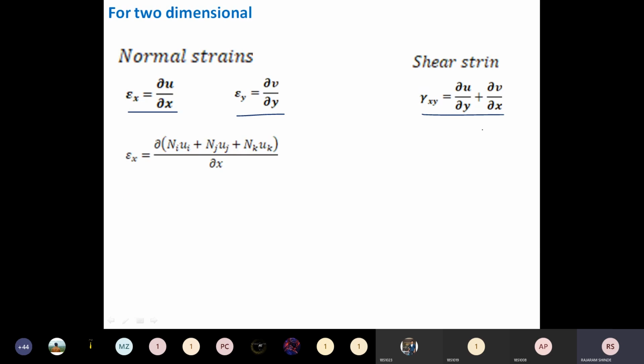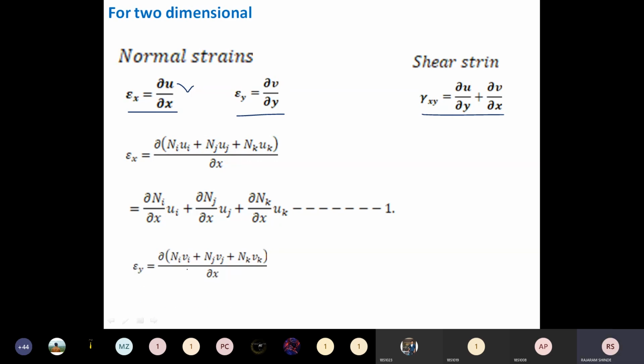Now already you have seen this. This is epsilon x. By replacing u is equal to N into u, that is Ni ui, Nj uj, Nk uk. And v will be Ni vi, Nj vj, Nk vk, with delta y there.